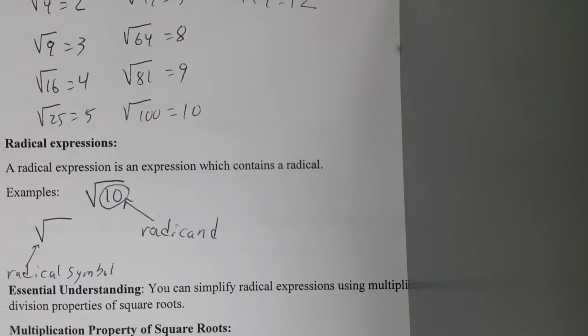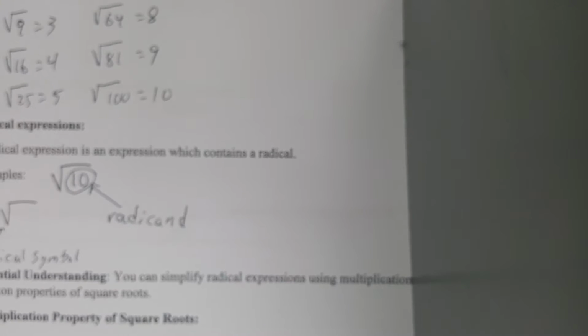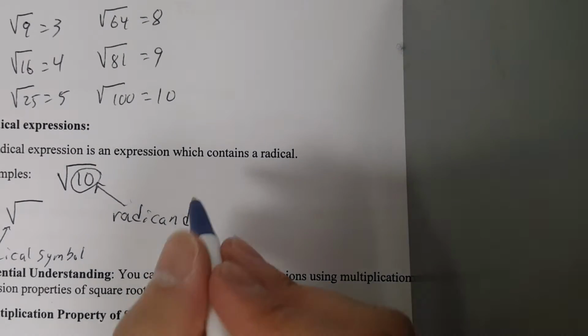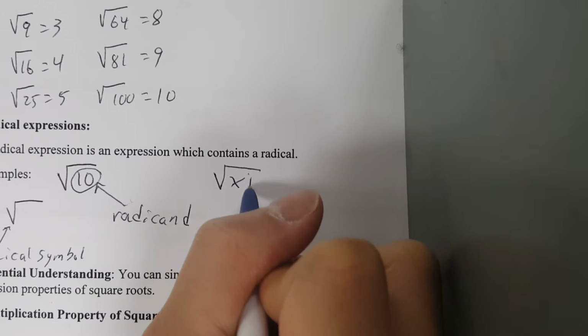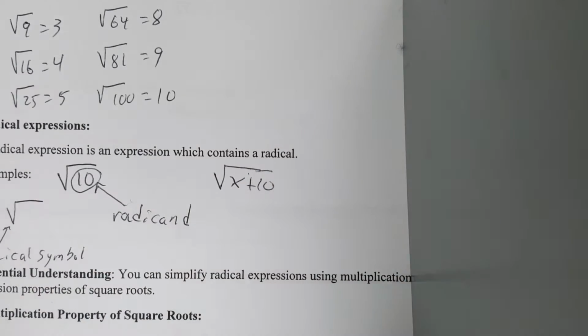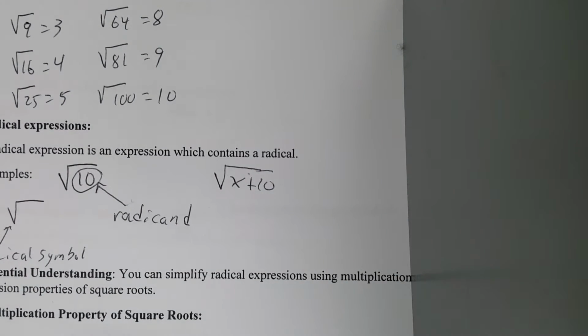Now, numbers aren't the only things that could be under the radical symbol. We could have stuff that looks like x plus 10. That can be under the radical symbol, where x plus 10 is the radicand.